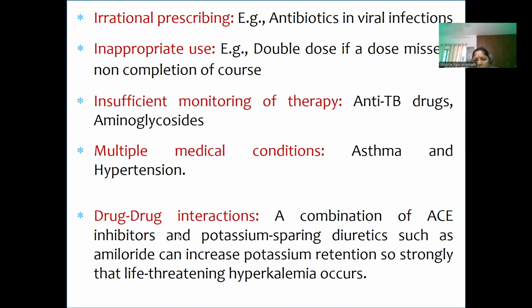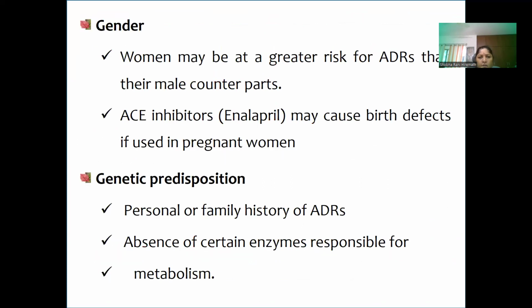And drug-drug interaction: I had an example where a combination of an ACE inhibitor and potassium-sparing diuretics such as amiloride can increase potassium retention so strongly that life-threatening hyperkalemia occurs. Then even gender can make a difference. Women may be at a greater risk of ADRs than their male counterparts.